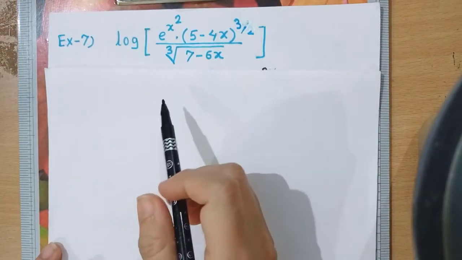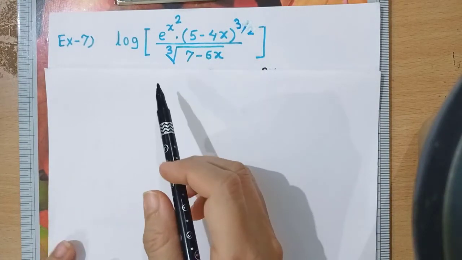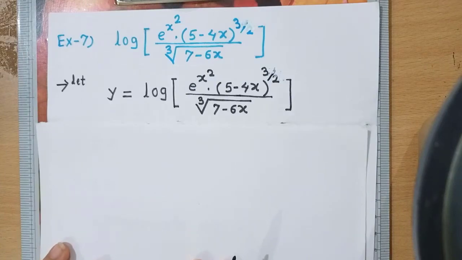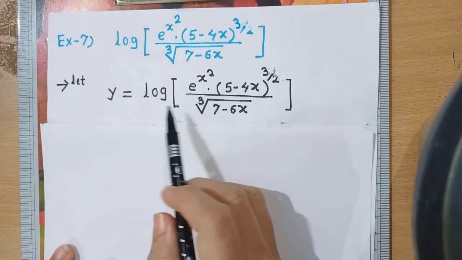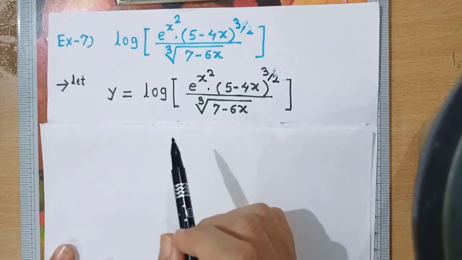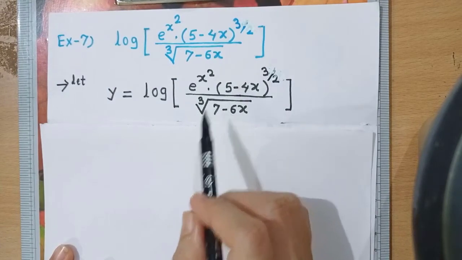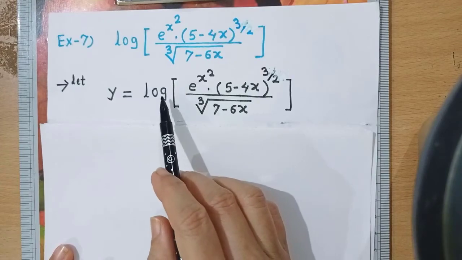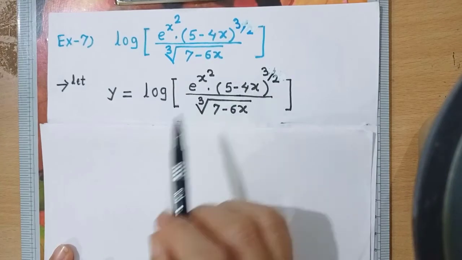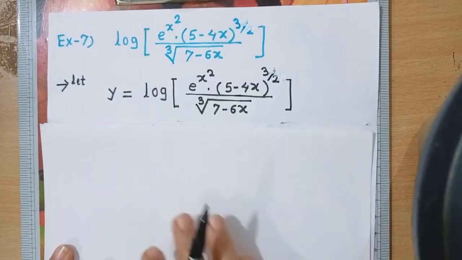Now let's solve this example, and our first step is let y is equal to given function. Now finding derivative of log of fx, this is a little bit difficult. So first we will simplify this function. Now here multiplication of two functions, so addition of log.